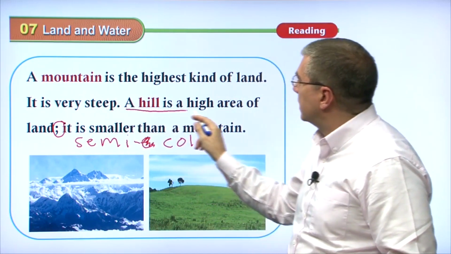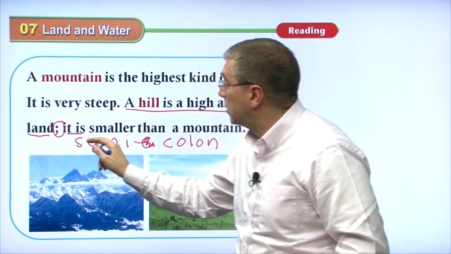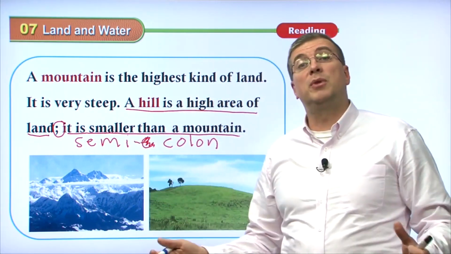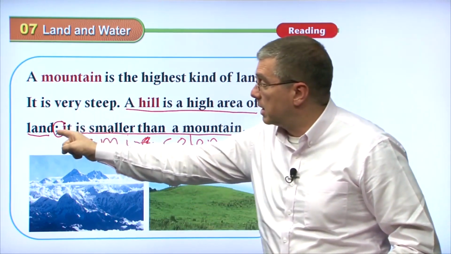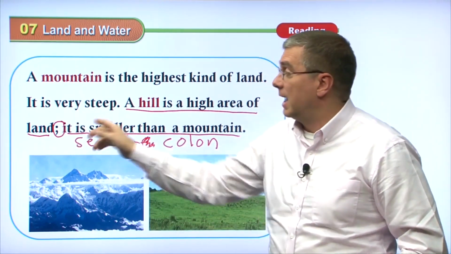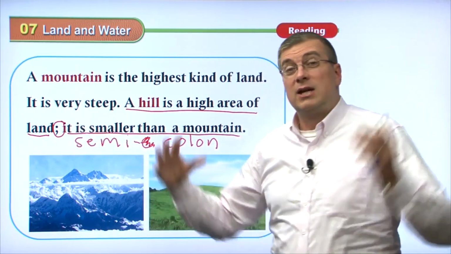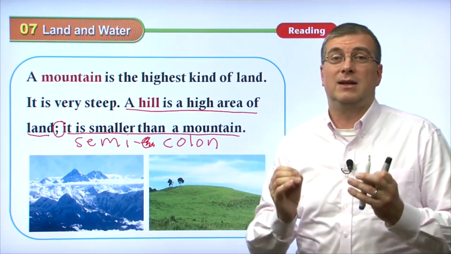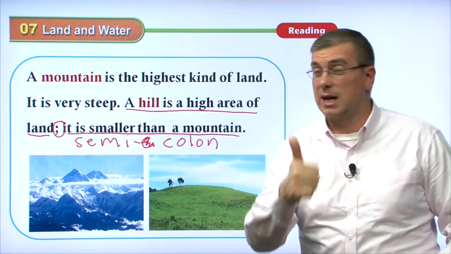This is a complete sentence. This is one sentence, right? But this is also another sentence. These are two sentences that are complete, independent of each other. We could just put a period here and put a capital I and have a new sentence, and that would be fine. But we use a semicolon to join two complete sentences that are closely connected in meaning. A hill is a high area of land. That's one thing about a hill.